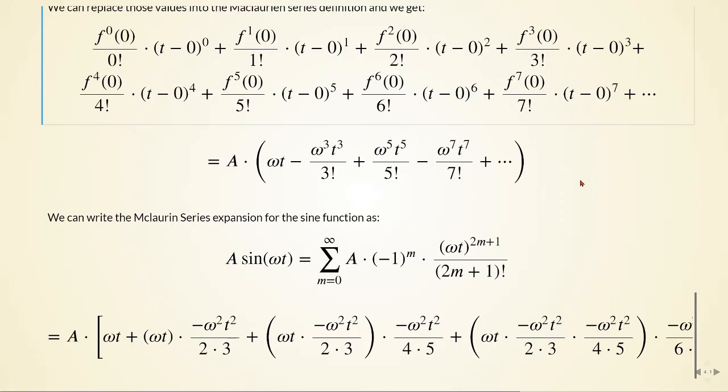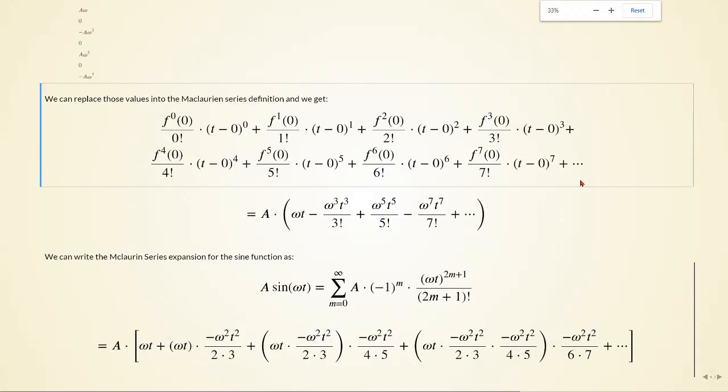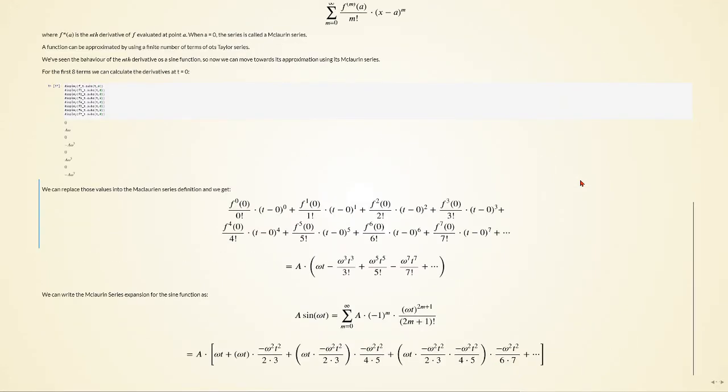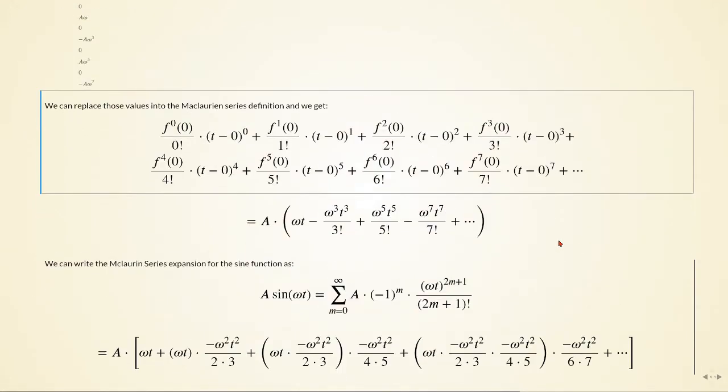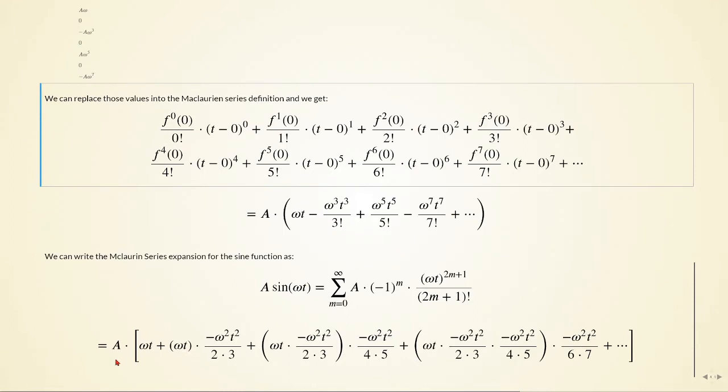So this can be further simplified if we take a look here. We have a dependency on the previous coefficients calculated. This is the first coefficient, omega t.